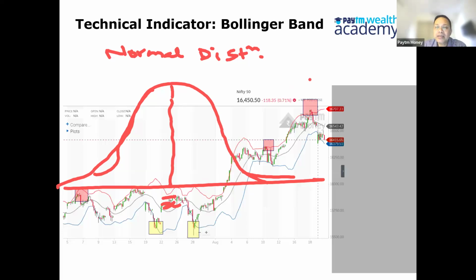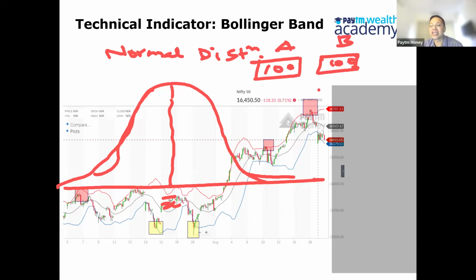एक room में, there's a classroom. There are two classrooms. दोनों classroom में 100 students हैं. Classroom A and classroom B. 100 student है. Now ये जो 100 student है सबका weight लिया गया है, weight measurement किया गया है.